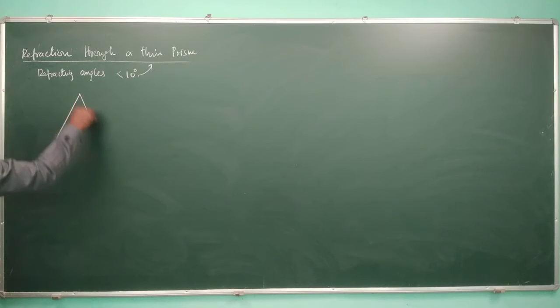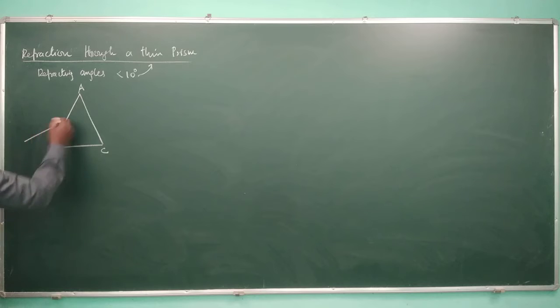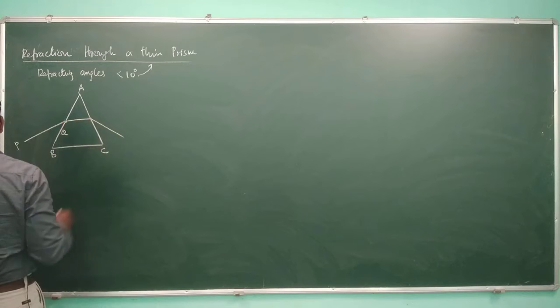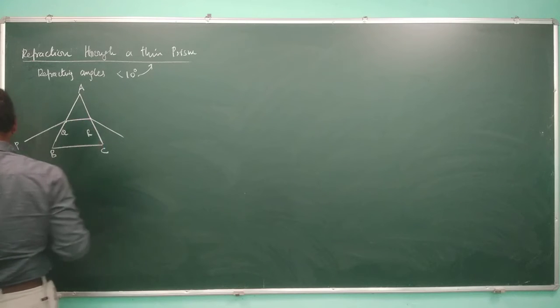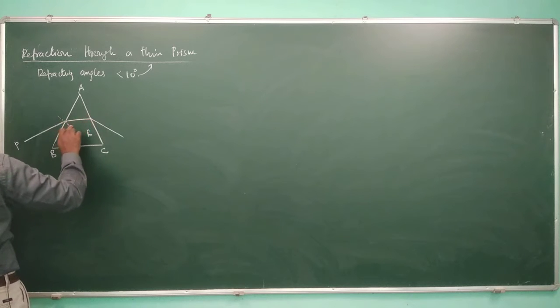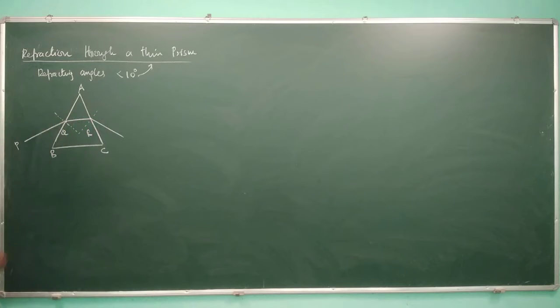Let us consider one such prism ABC. Now a light ray from point P touches the face AB at Q, and emerges from the face AC at R. Now draw perpendiculars to both the points of the light rays at faces AB and AC.